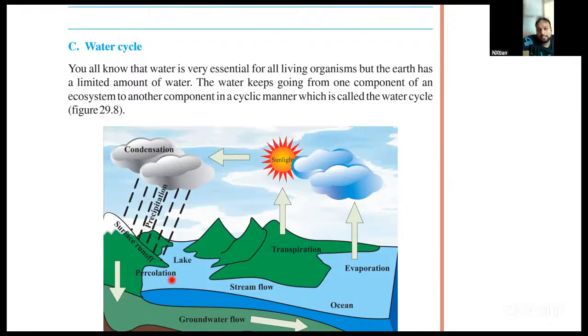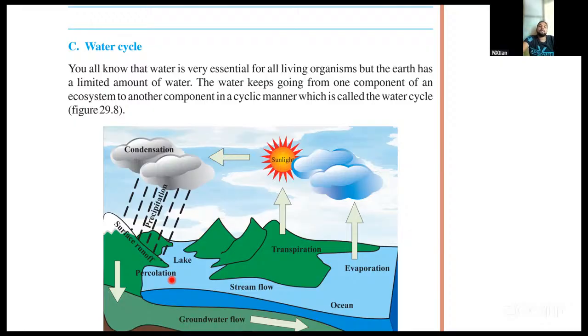Not really correct. Okay, Ira, what is percolation? From the picture, what you can see. I don't know. Like when the water is going downhill? No.